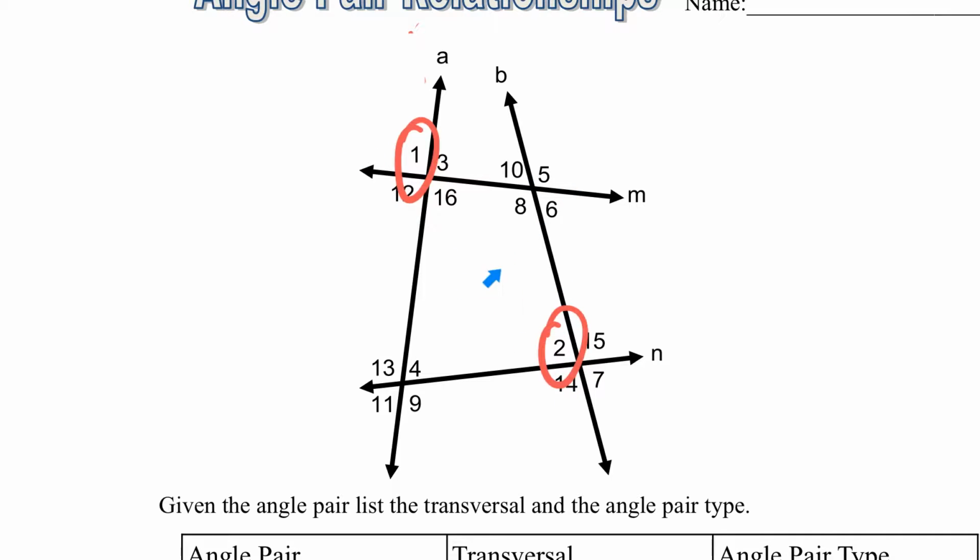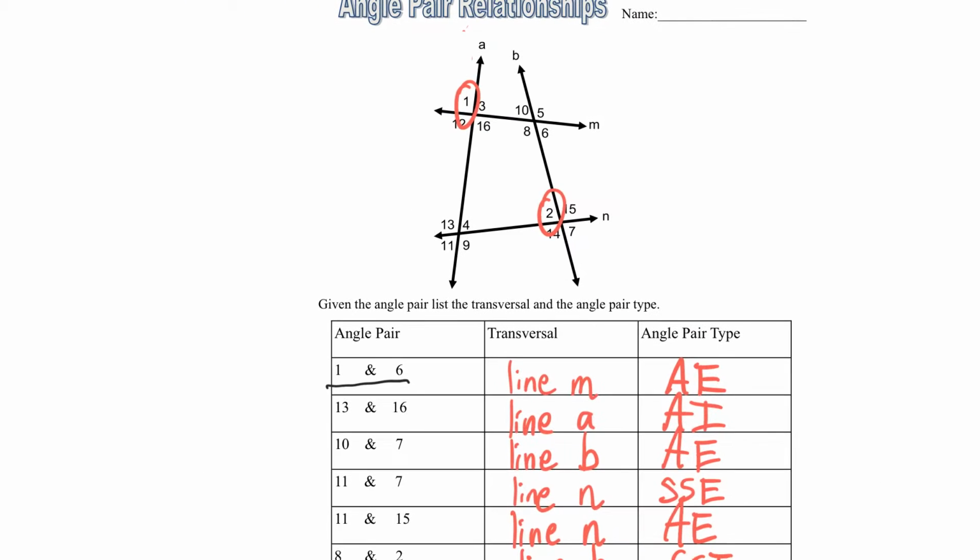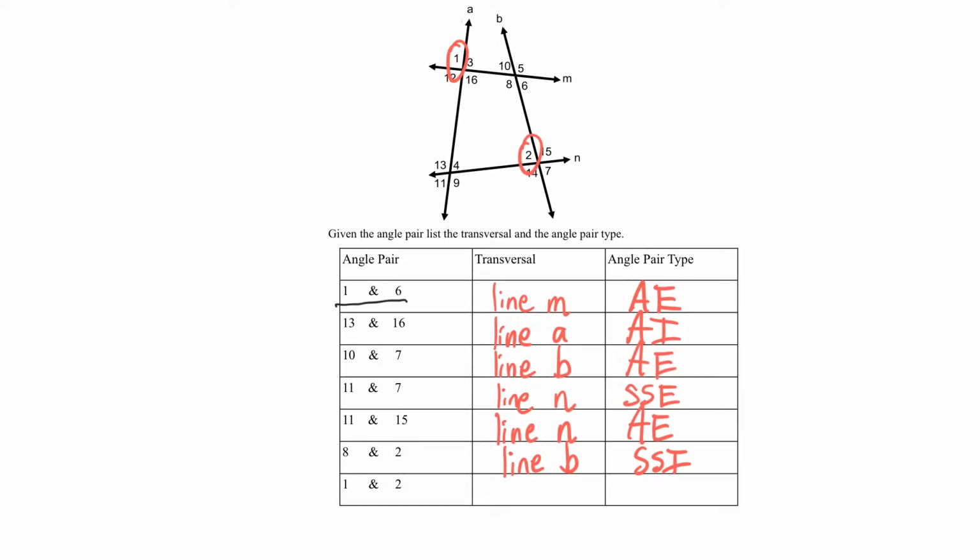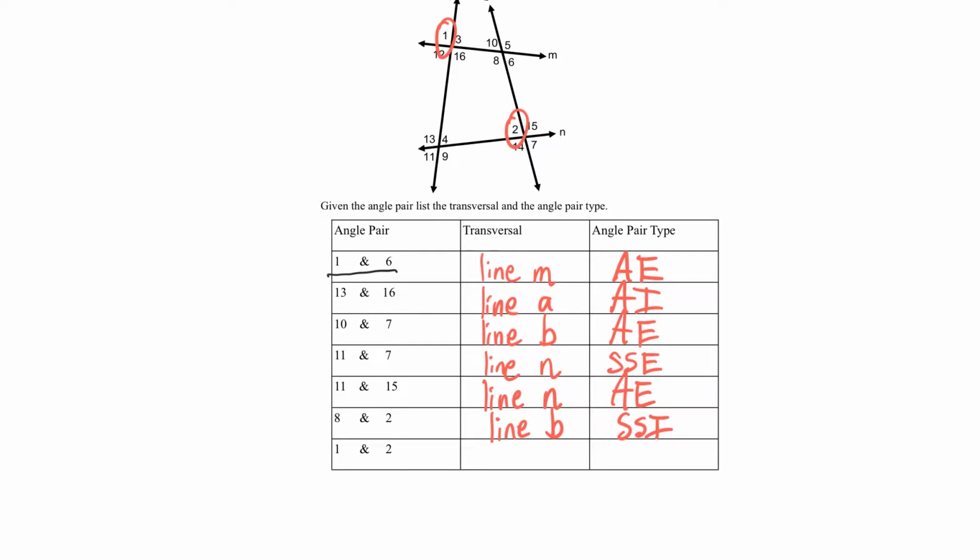So they're not directly connected. In this case, 1 and 2 don't fit into any of the categories.